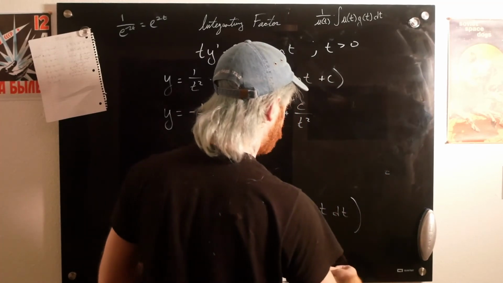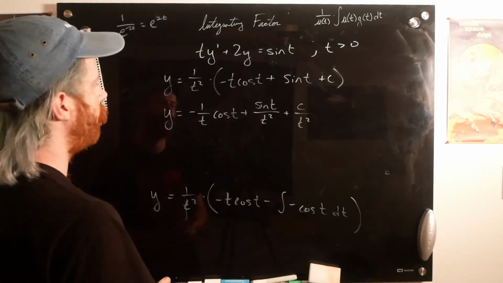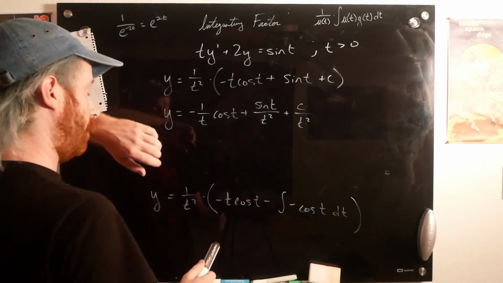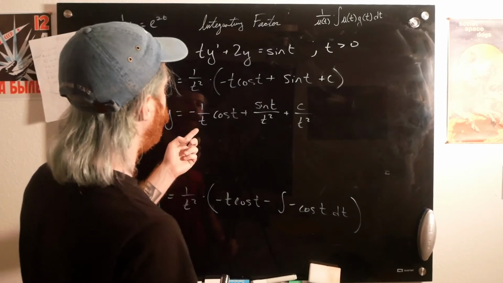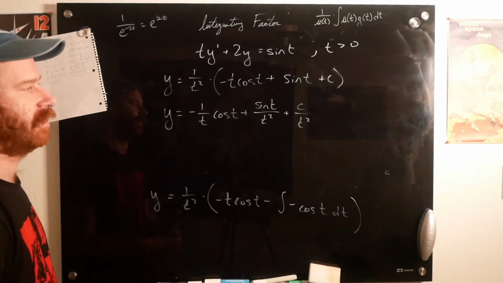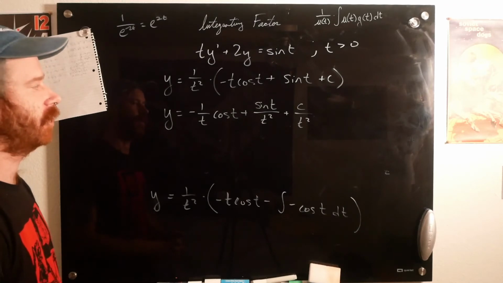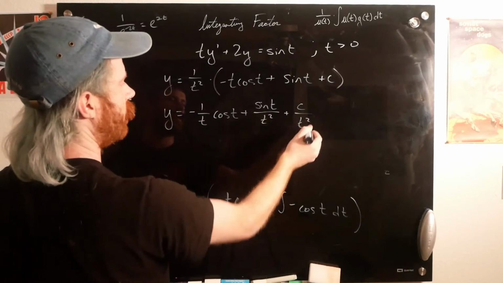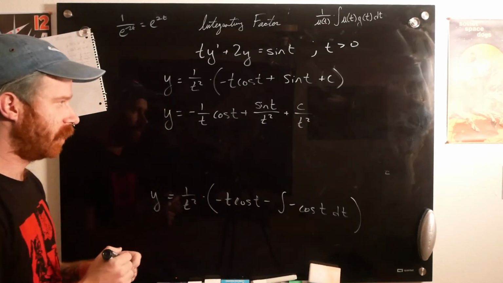Now let's evaluate what's going to happen as t approaches infinity. Well, if you look at the sine and cosine functions, they're going to be oscillating, right? But it's really not going to matter because they all are going to be divided by t, and as t approaches infinity, they're going to just approach 0. So this is going to go to 0, this is going to go to 0, this is going to go to 0, no matter what c is.